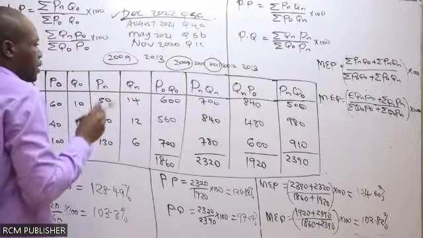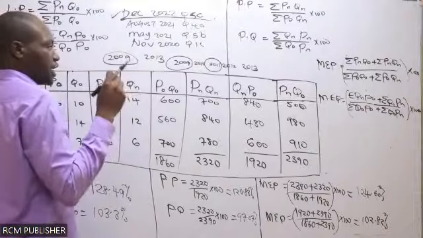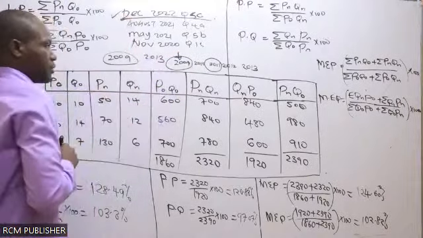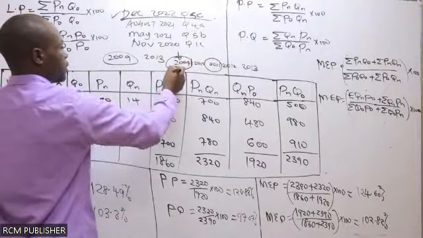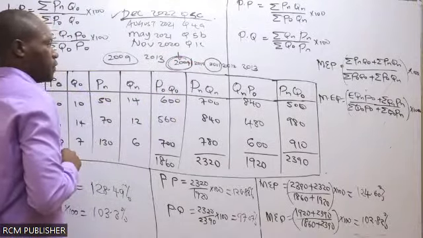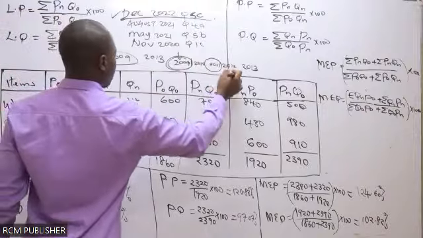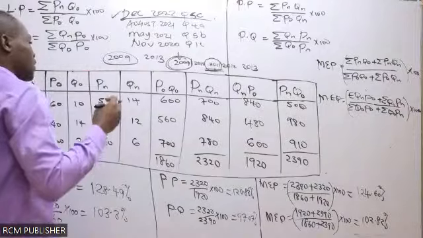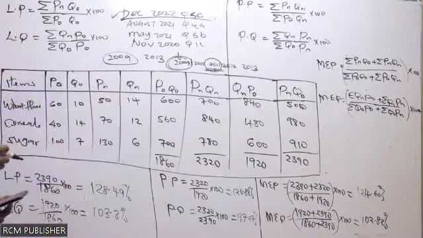No, the examiner will tell you the base year. If they don't tell you, then you are free to take the last one, 2009. But if they tell you to take 2011 as the base year, then that's what I will use. I will not use my own.